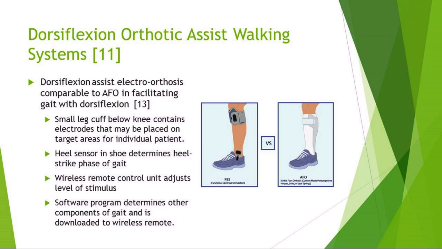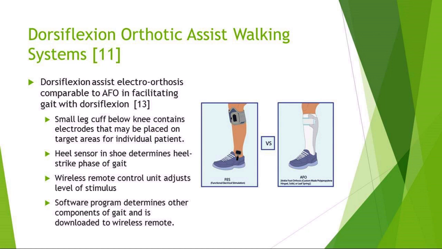The dorsiflexion assist walking systems can actually be comparable to wearing an AFO and facilitating gait with dorsiflexion. There's usually a small leg cuff worn below the knee, and it contains electrodes placed on target areas, determined for an individual patient. There's a heel sensor in the shoe that determines the heel strike phase of gait, and a wireless remote control unit that adjusts the level of stim.